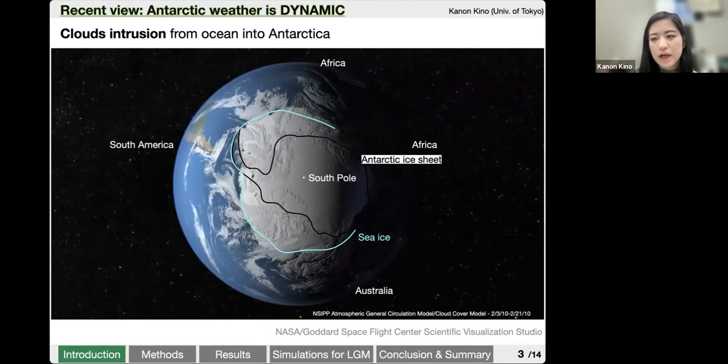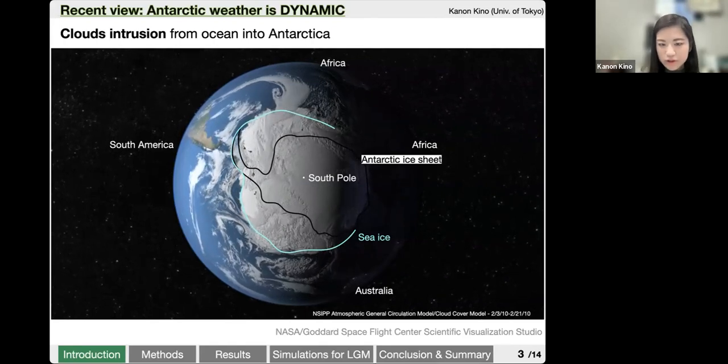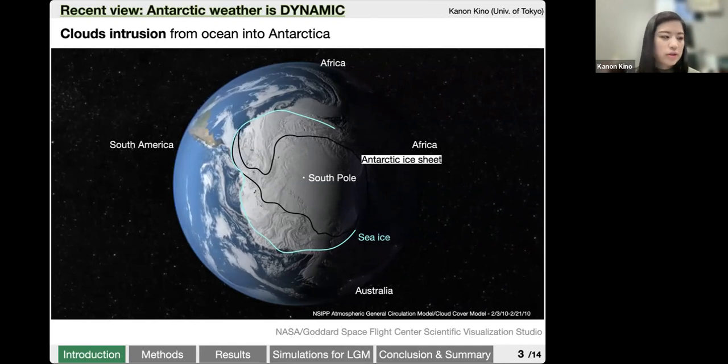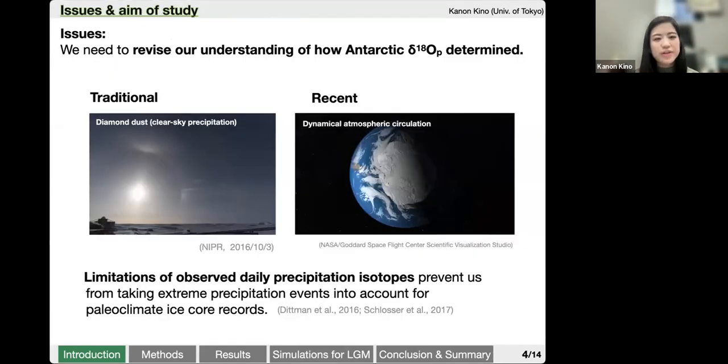So recent studies have suggested such dynamical systems are potentially important to understand ice core records, including isotope signals. So the point is we need to revise our understanding of how Antarctic water isotope is determined, and this is because our understanding of Antarctic weather has been updated.